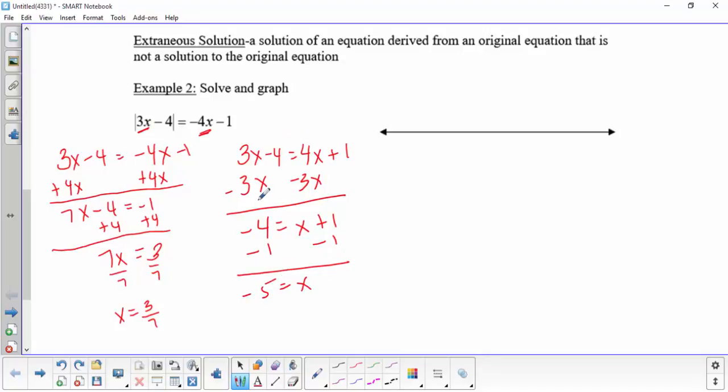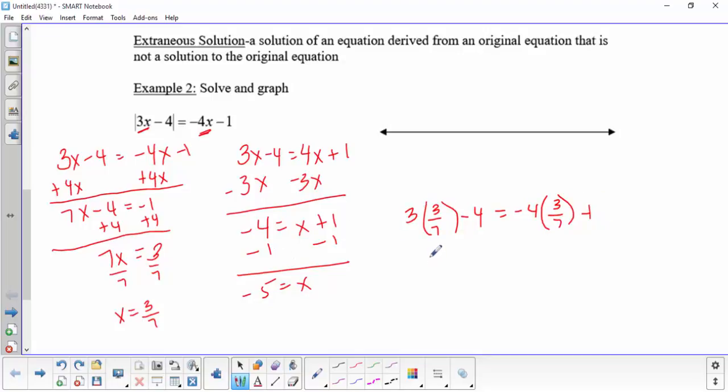Now this is the important part because I have to substitute back into the original equation to check. So I have 3 times 3/7 minus 4 should equal negative 4 times 3/7 minus 1.